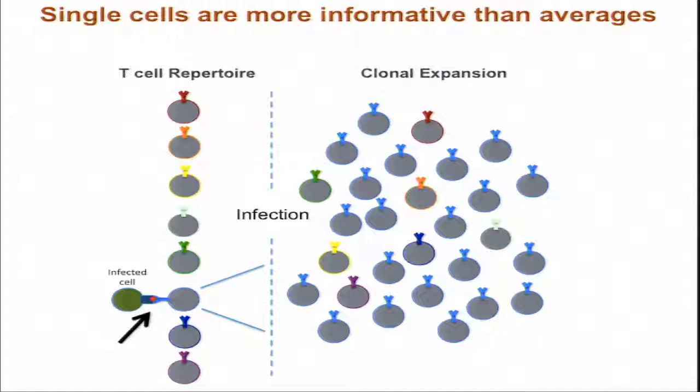As I mentioned, this is rare, and it's only if it's very specific for infection. So we don't want to just sequence all of these T cells. You can see there are a bunch of blue ones, but there's still the orange and the red, etc. But the orange and the red aren't necessarily what we're interested in.